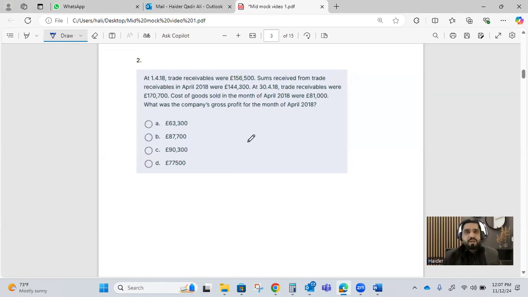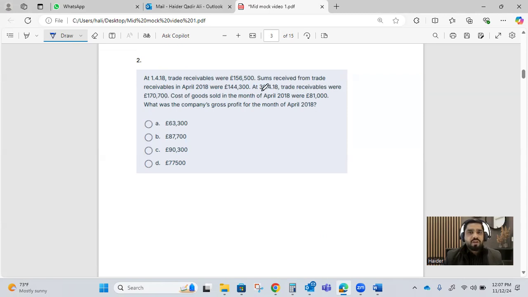And this is another type of question. On 1st April 2018, trade receivable were 156,500. Sum received from the customer or receivable were 144,300 pounds. At 30th of April 2018, trade receivable were this.